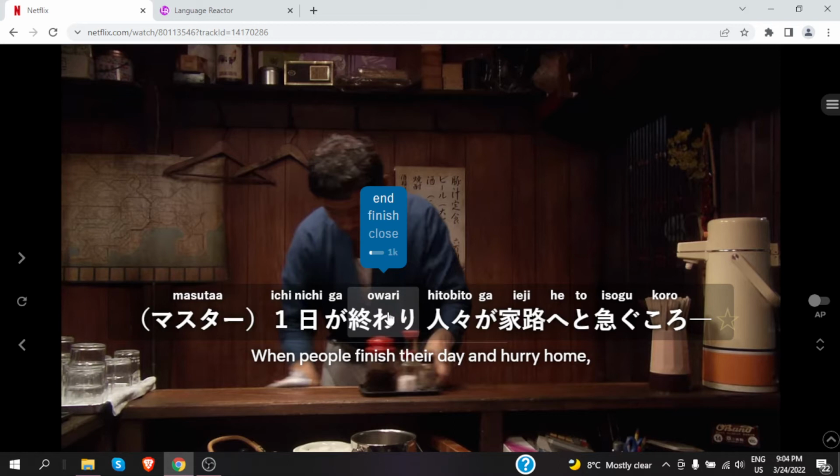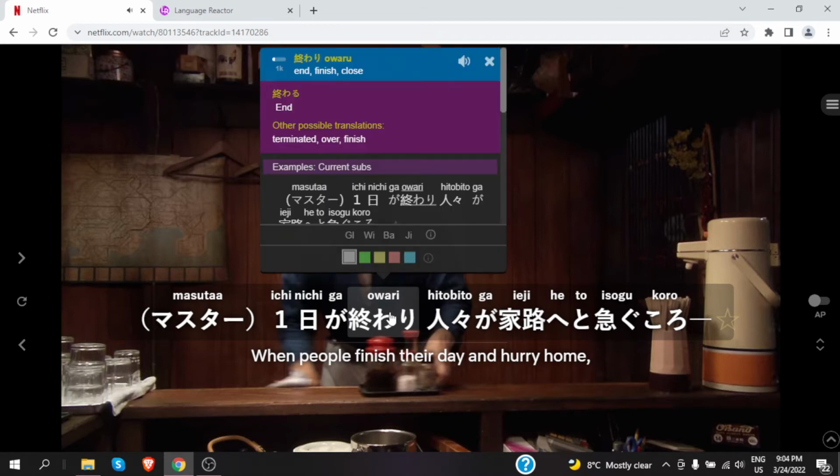So when I think of the Japanese word, I want to think of the mental image that it represents, okay? So in my mind, I'm going to imagine the finish of something. And I'm going to say to myself, owari, owari, and visualize the end of something. You just got to think of your own concept. So, owari.